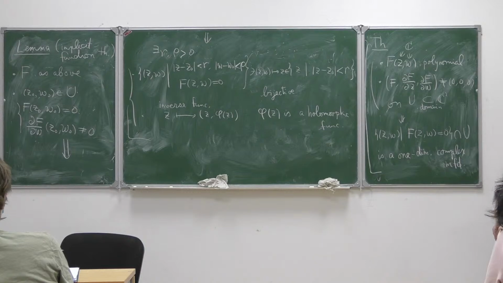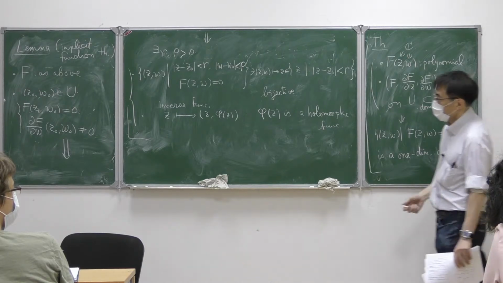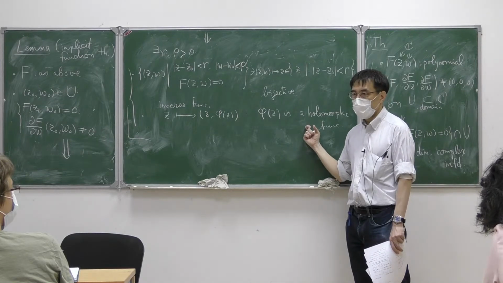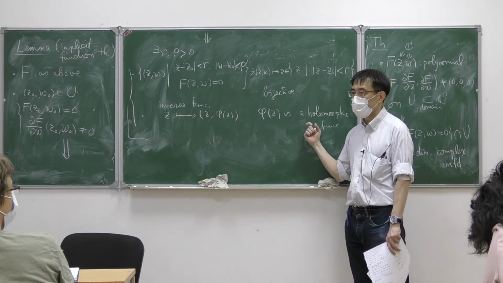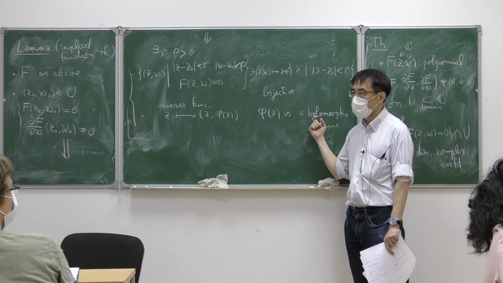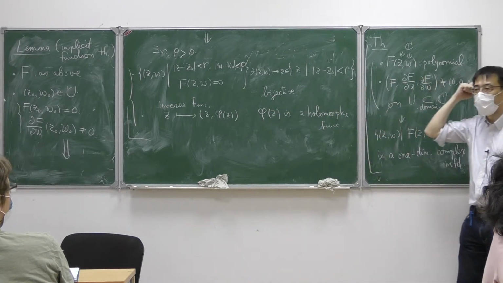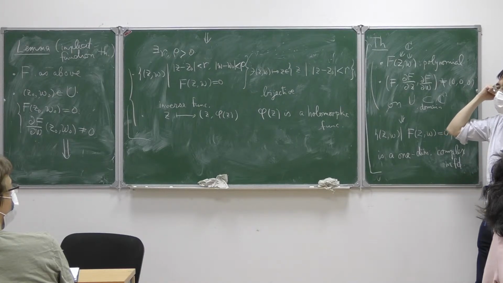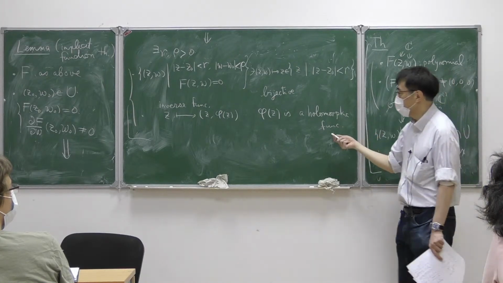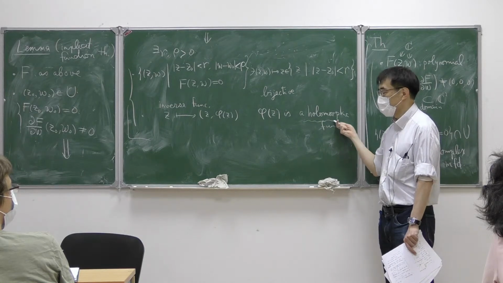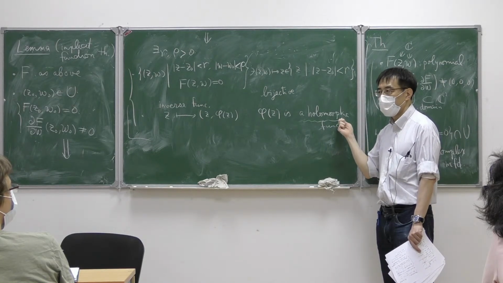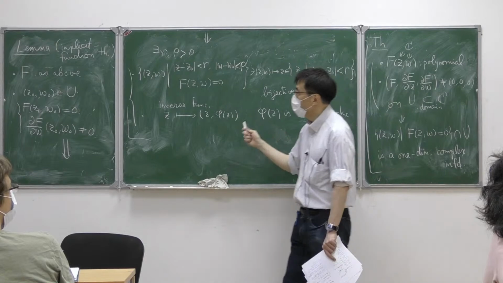And I hope you know the implicit function theorem over R very well. Is this theorem obvious from that real implicit function theorem? Not quite, because, for example, we need to show holomorphicity of this part.